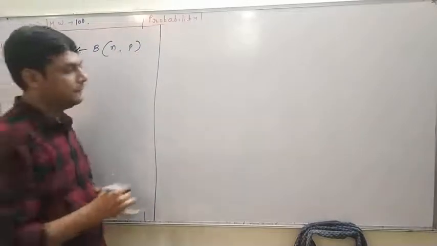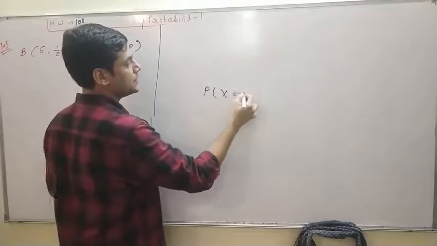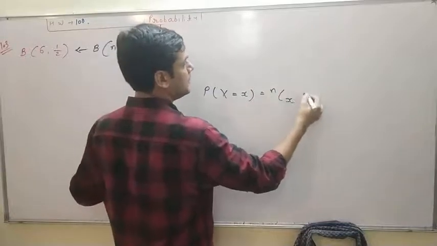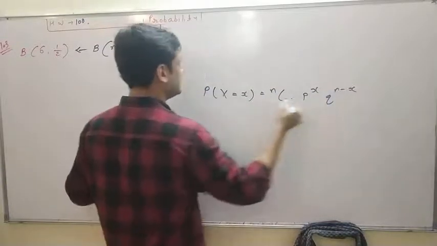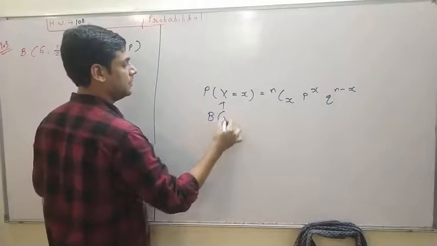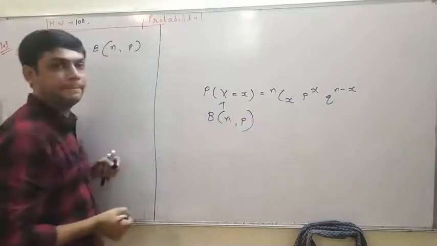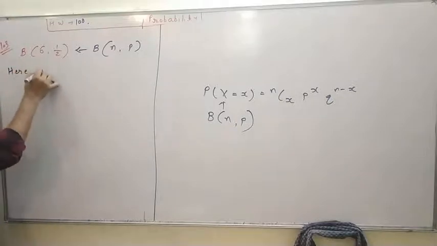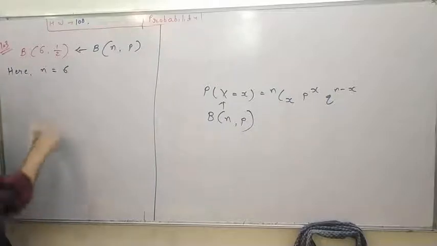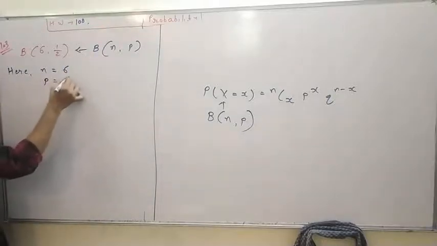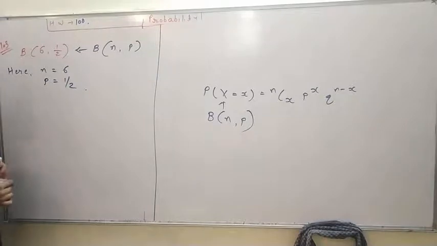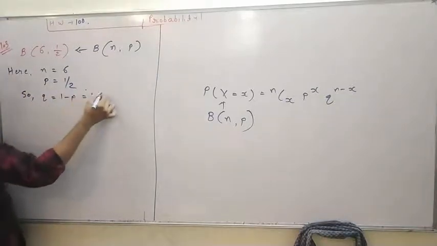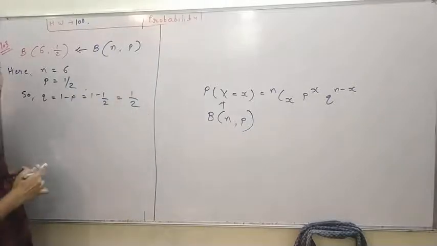Binomial distribution ની આપણી જે ફોર્મ્યુલા છે, P(X = x) = nCx p raised to x q raised to n minus x, એને બીજી આપણે આ રીતે પણ નોટિફાઈ કરી શકીએ, B(n, p). તો આ રીતના જ્યારે પણ આવ્યું હોય ત્યારે first number is your n, means here n is equal to 6 and p is equal to 1/2. Okay, so q is equal to 1 minus p, that is 1 minus 1/2, that is 1/2.